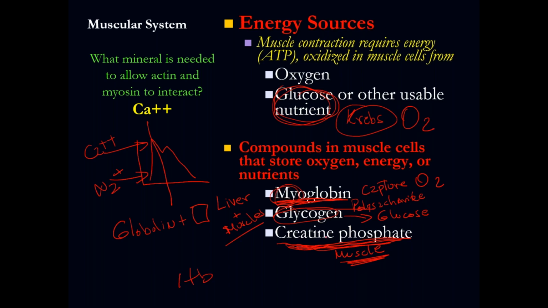What I want you to know is when you have muscular damage, if you destroy the cells of the muscle, let's say one cell, the creatine phosphate is inside. So what happens? The creatine phosphate is going out. The more cells are being damaged, the more creatine phosphate is going to appear in the blood.